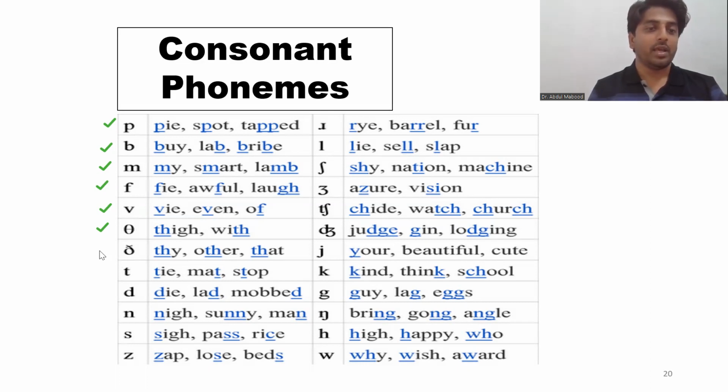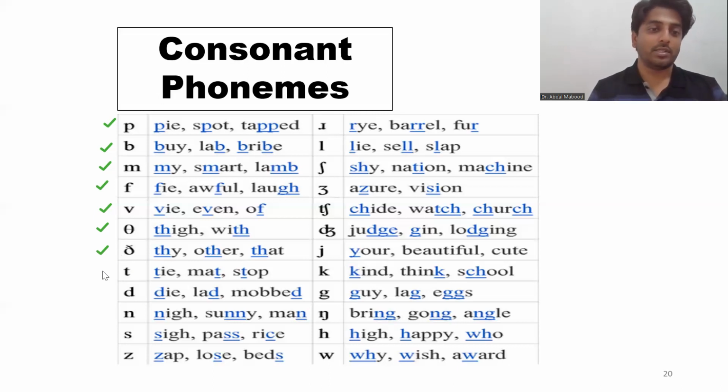Again, next we have a different symbol, maybe we do not know this symbol. Here the sound is the, as in the case of thy, they, or that.